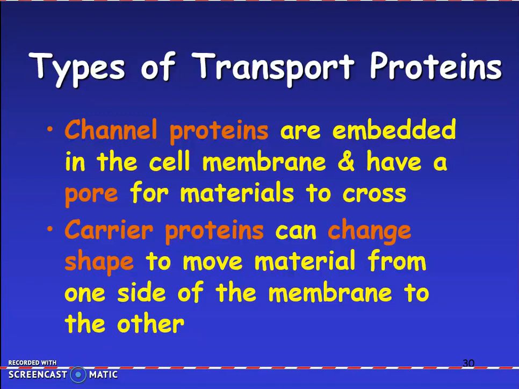If you remember the cell membrane structure, you saw proteins embedded in the membrane, and those were the channel proteins and the carrier proteins. Another type of transport protein is the carrier protein, which can change shape to move the material from one side of the membrane to the other.